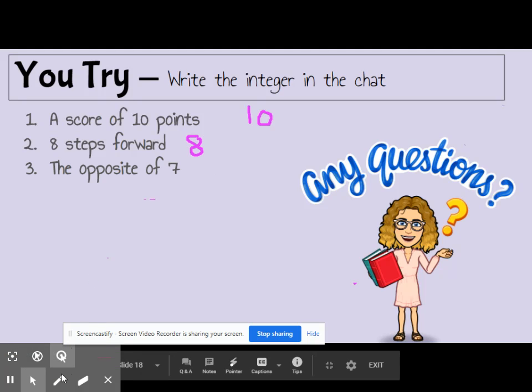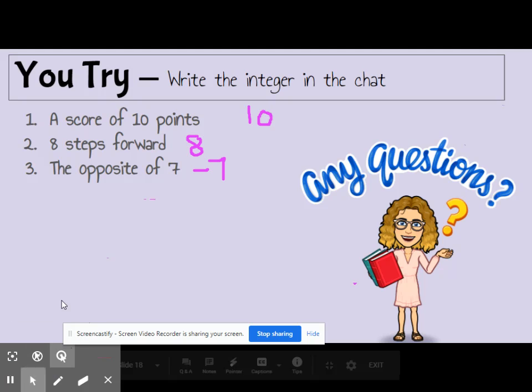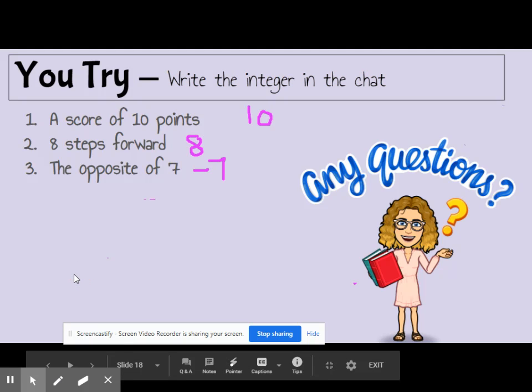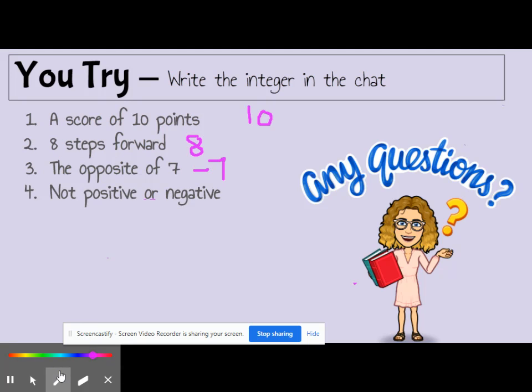Next one: opposite of 7. The opposite of 7 is negative 7. Guys, there's only one number that's not positive or negative, and that number is 0.